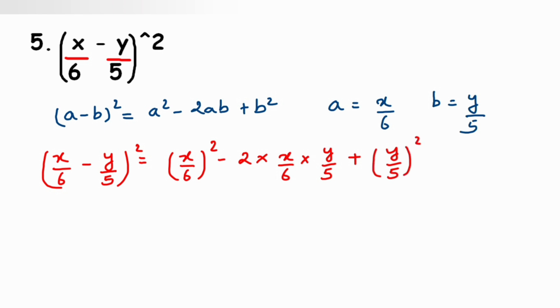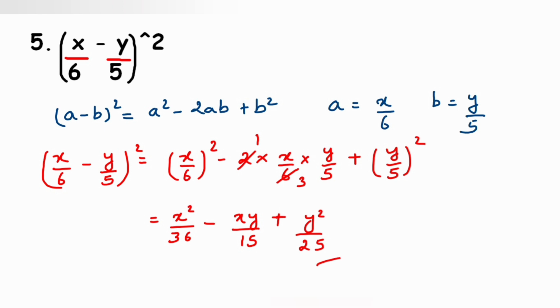So this is equal to x square upon 36. Now we can cancel a few terms here, like 2 and 6 we can cancel, 2 ones are 2 and 2 threes are 6. We'll get xy upon 15 plus we'll get here y square upon 25. So that's it. It was quite a simple one. We have used one identity and we have solved it.